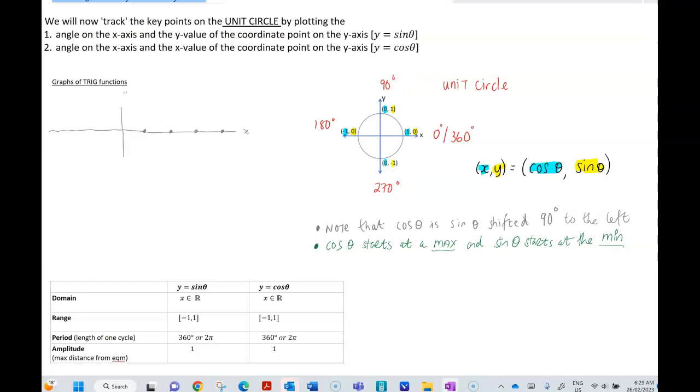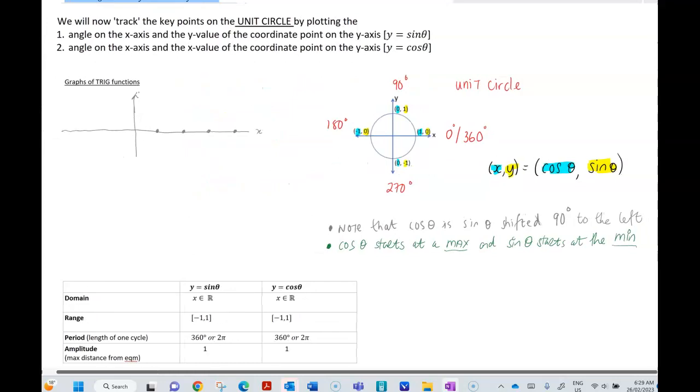So pi on 2, pi, 3 pi on 2 and 2 pi. All right, so we're going to take our first angle, which is 0. And you can see the y value there, the yellow that you see, is 0 as well. So that's our first point on our graph. When our angle is 0, our y value is 0.